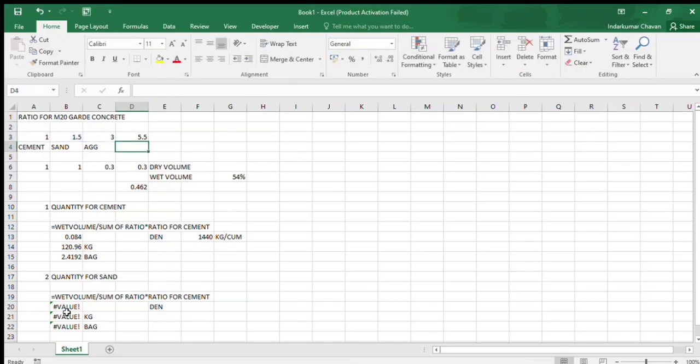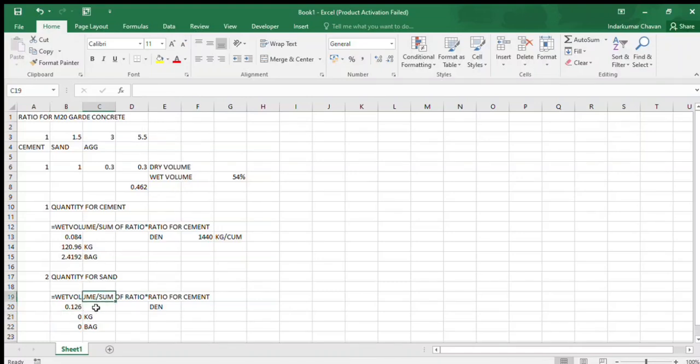My wet volume is 0.462, multiplied by the ratio for sand, which is 1.5, and divided by 5.5, that is the sum of ratio, and just press enter.